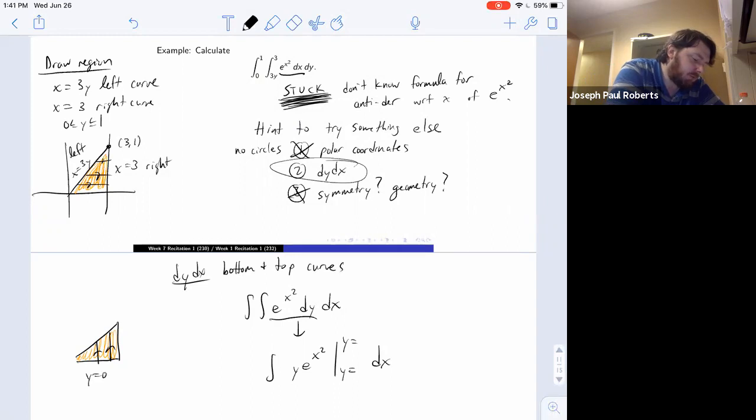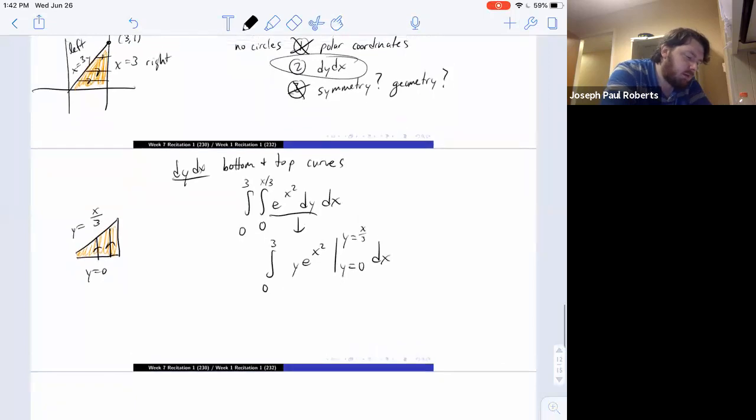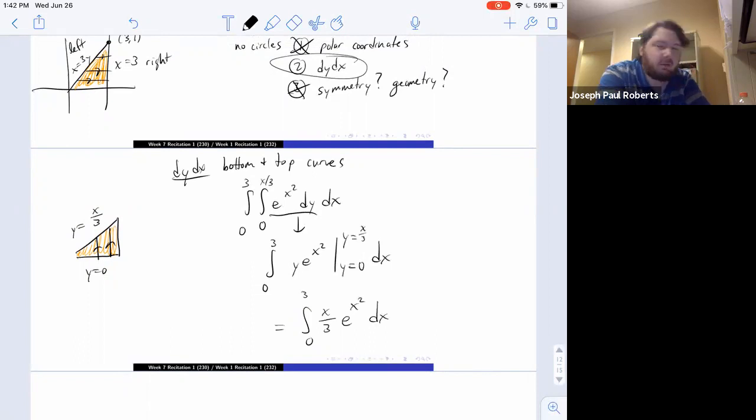So y equals 0 seems to be the bottom curve, and y equals x over 3 is your top curve. This occurs for x between 0 and 3. And what do you know? The bounds give us the factor that we were missing for a substitution.